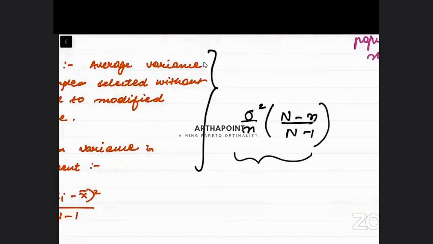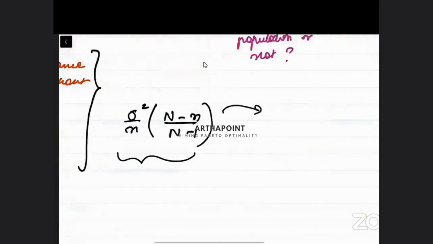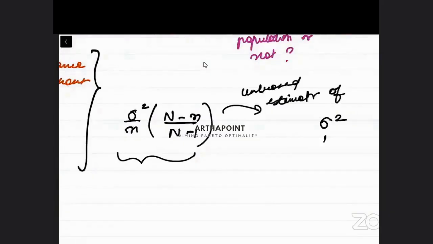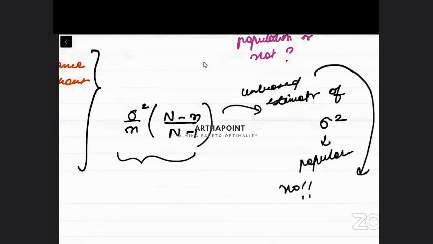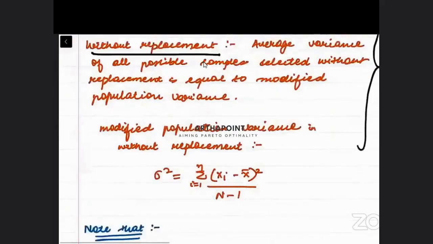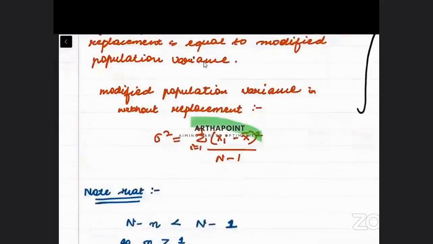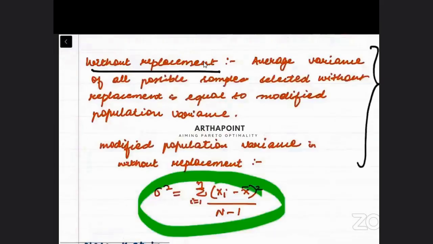I want to ask, is this an unbiased estimator? I'm just giving you all this extra information. You should remember this. Unbiased estimator of sigma square of the population? The answer is no. It is an unbiased estimator of a different version of sigma square of the population. Which sigma square? When the formula of sigma square is this. So please read this down.